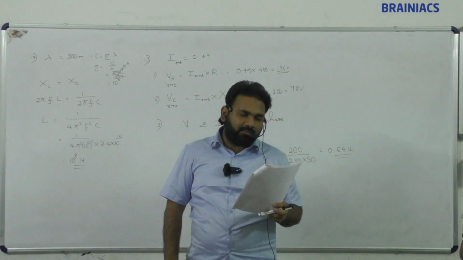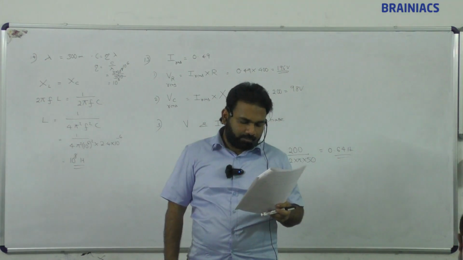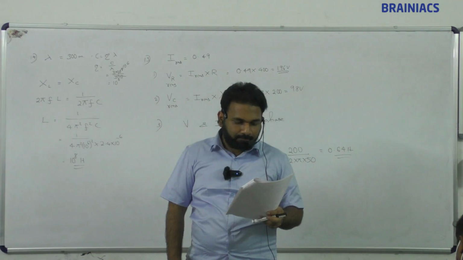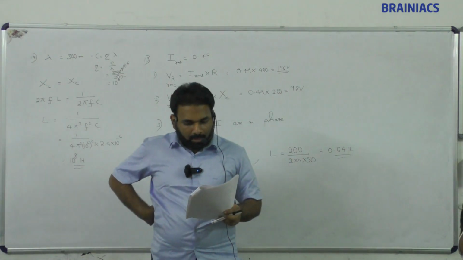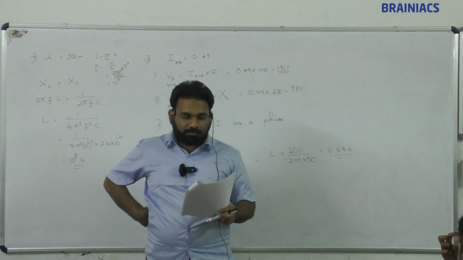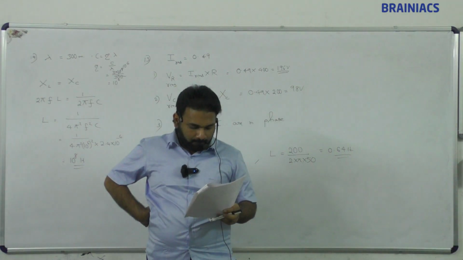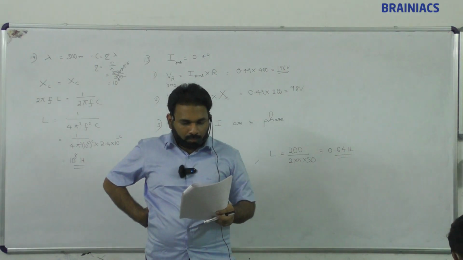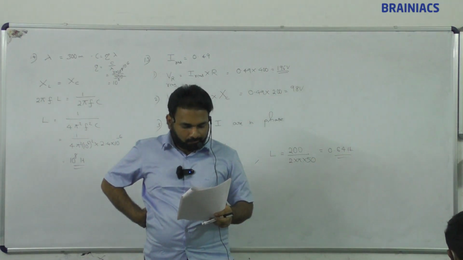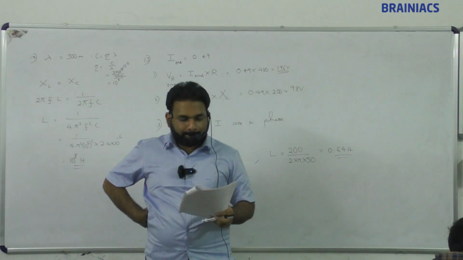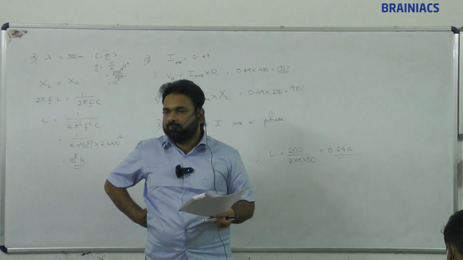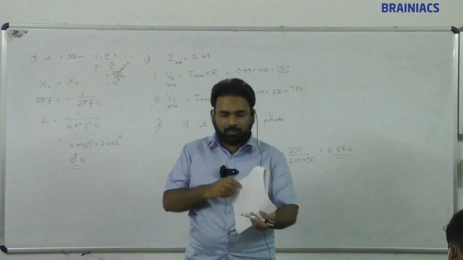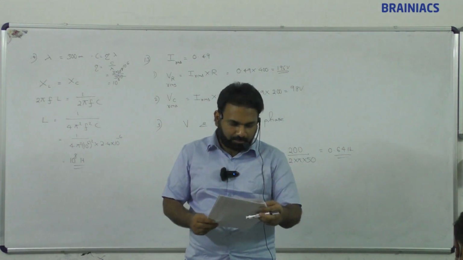Calculate I, VR, VC. Is it difficult? Direct question, right? So can you do it later? Shall we move to the next question?